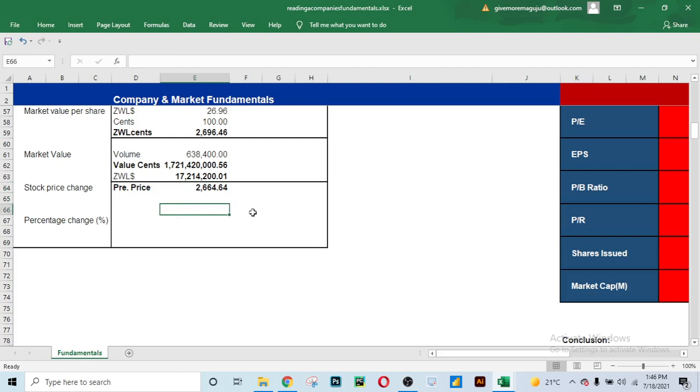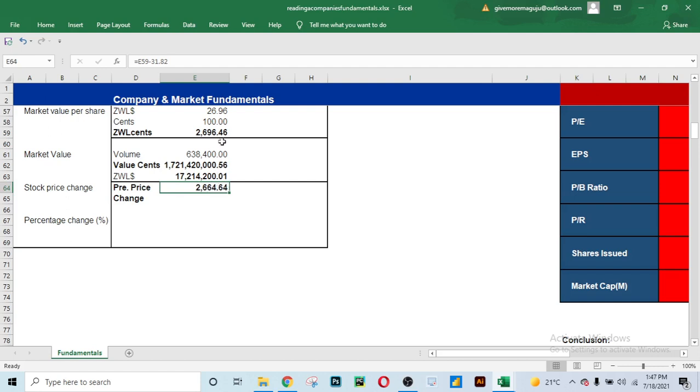We have it now. So what do we want to find here? We want to find the share price change. Like I said, to find the share price change, all we need to do is say the ending stock price minus the beginning stock price. Yesterday it was the closing price, but today it comes in as the beginning price.